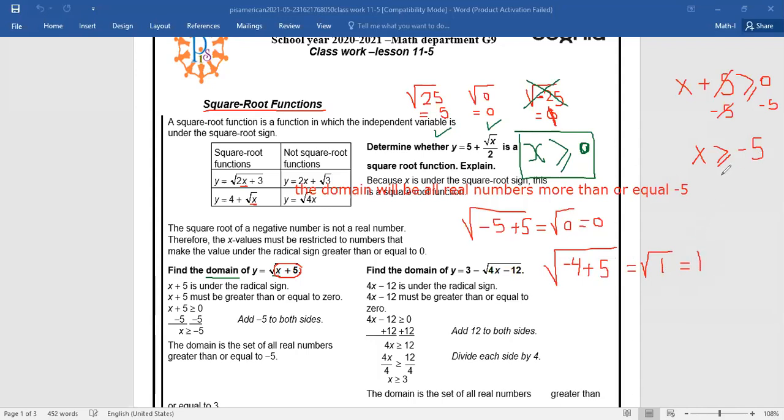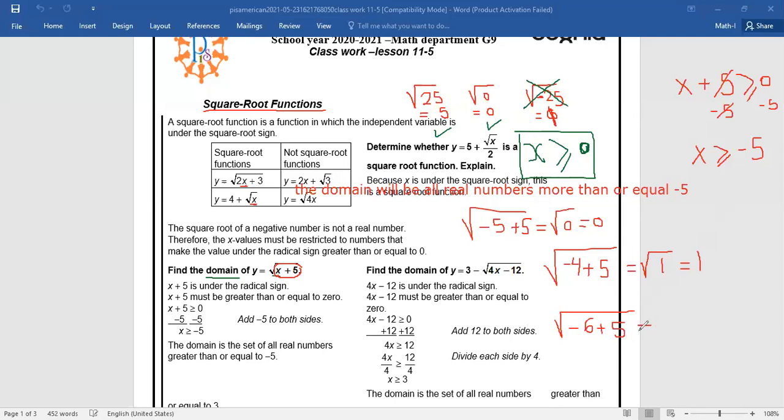But if you choose a number that does not satisfy this inequality, like a number less than negative 5, could you please give me a number less than negative 5? Negative 6. Okay, negative 6. So I will replace the value of x here by negative 6 plus 5.